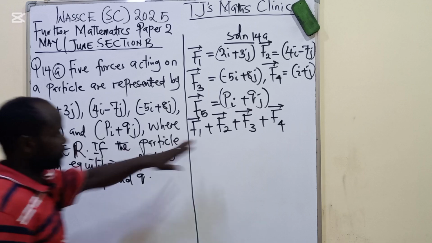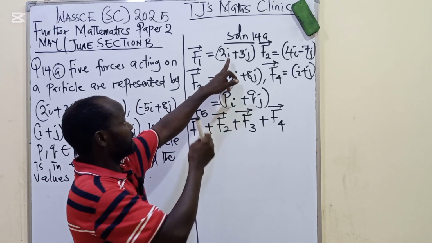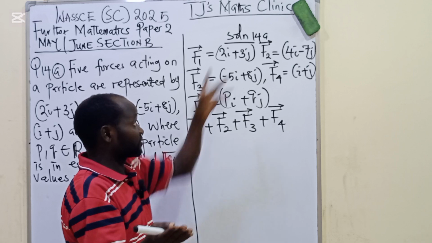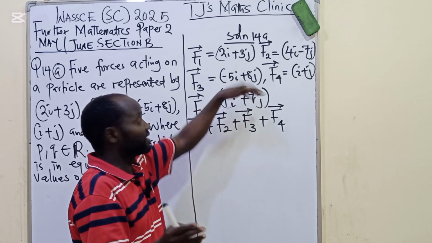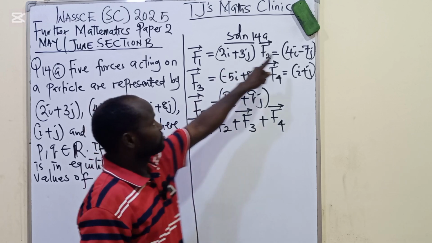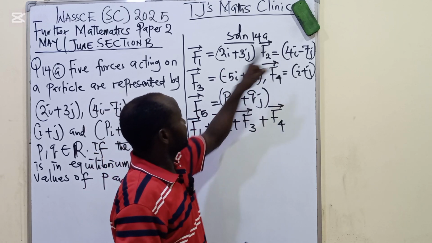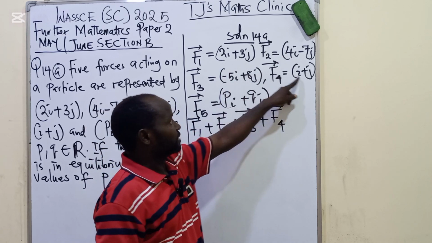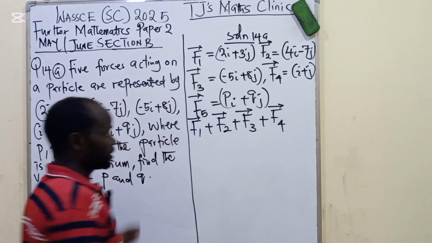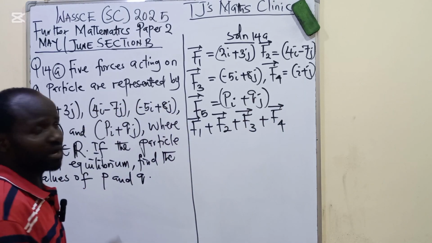So when we are summing this, it has to be the x component, that's the x axis, then the y axis, which is j now. So we are adding i to i, j to j in that order, like 2i plus 4i minus 5i plus i. That's the i component and j component. Very important. i to i, j to j.